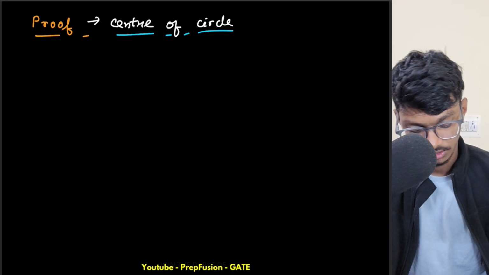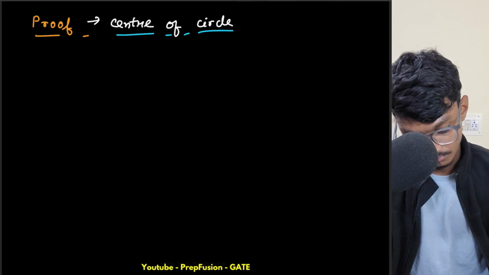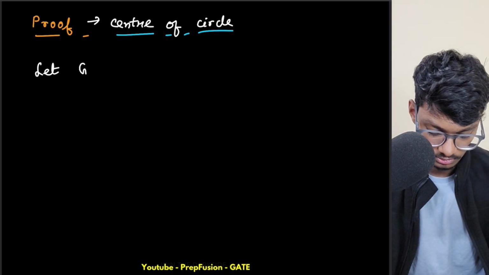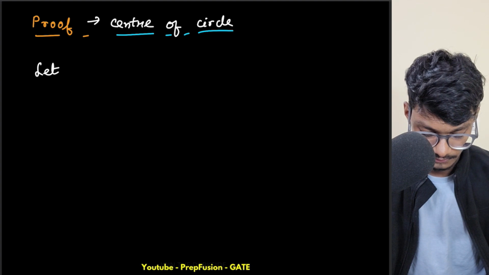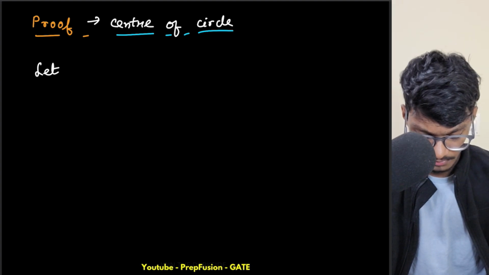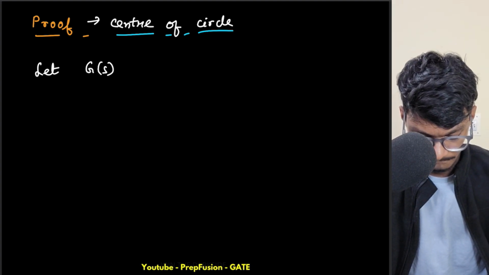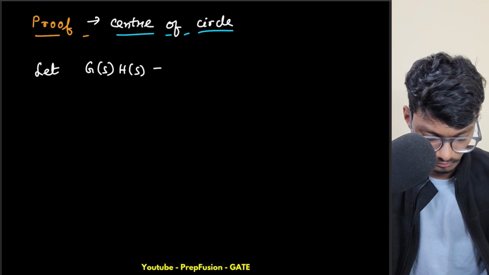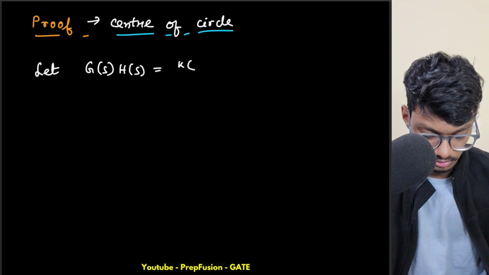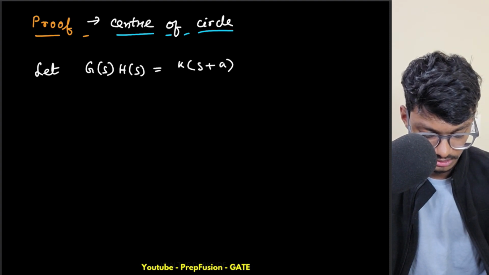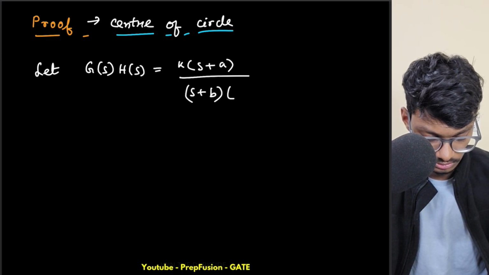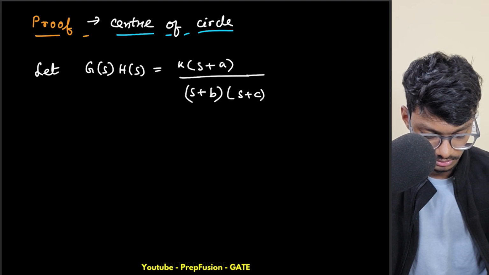Proof for center circle. So let G(s)H(s) equal a generalized equation, (s + a)(s + b)(s + c).